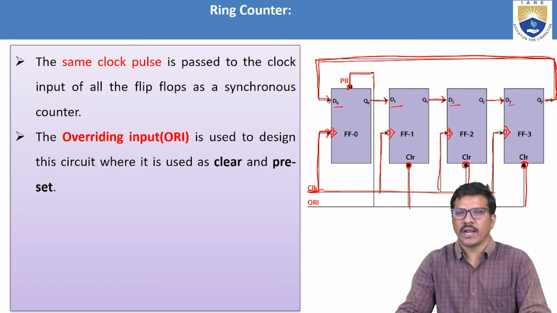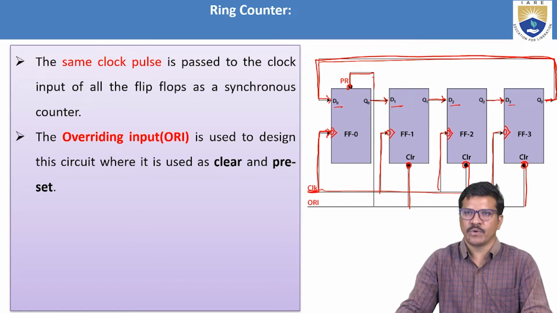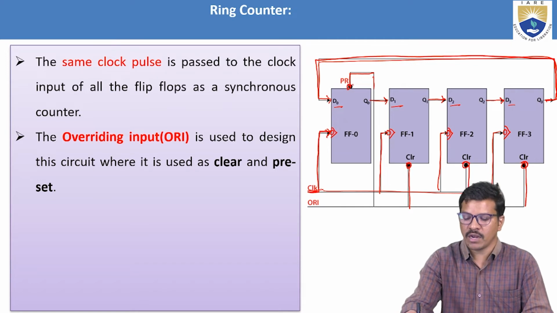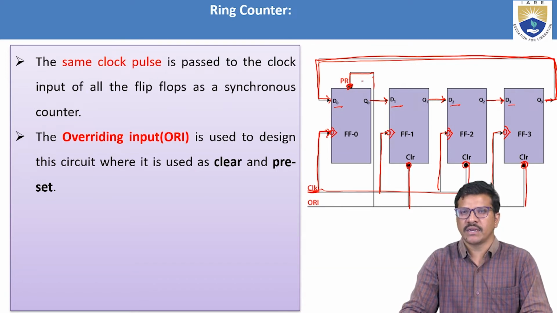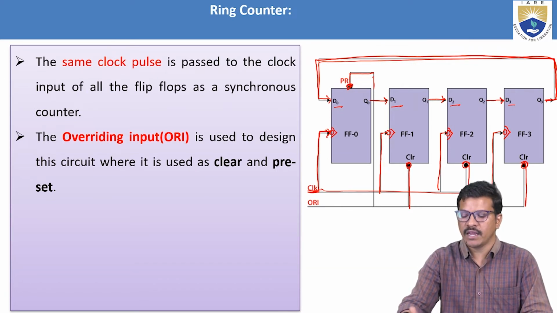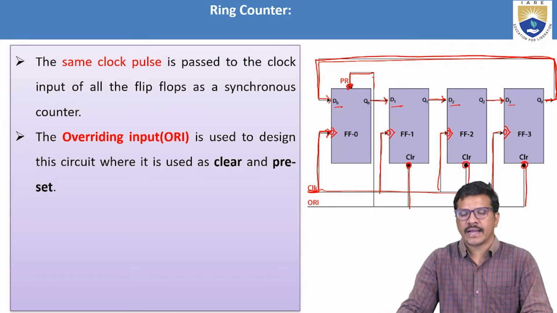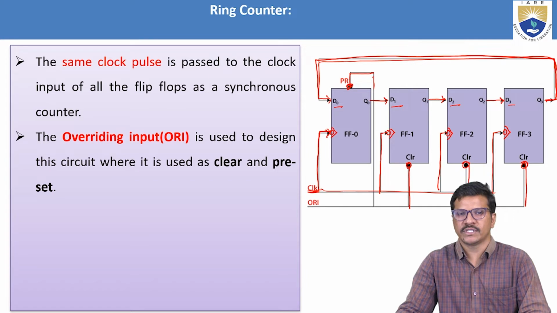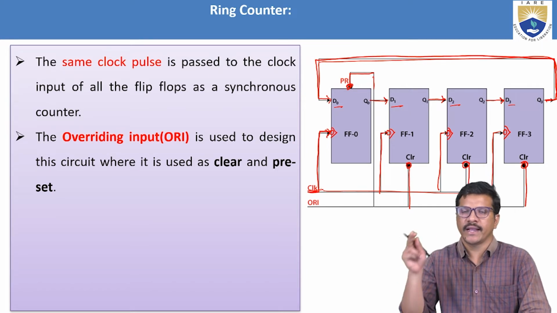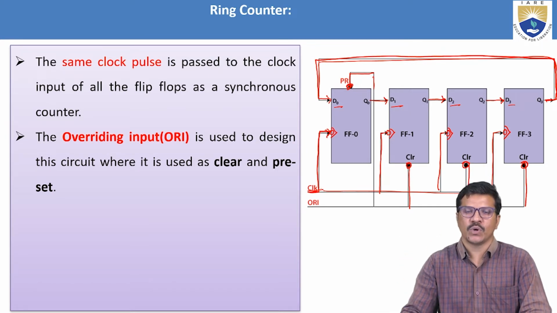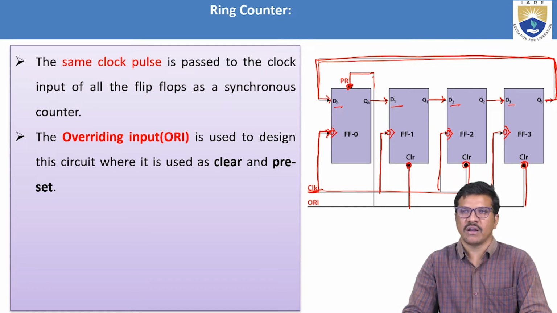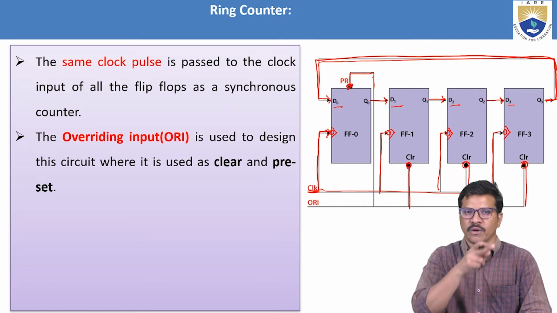If you are not providing this ORI preset input to the first flip-flop, then all initial values of zeros in all the outputs are rotating continuously. So there is no state change at all. All outputs stay zeros, and that output is fed back to the input.